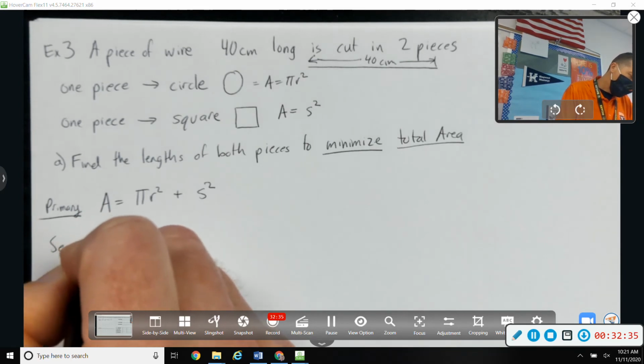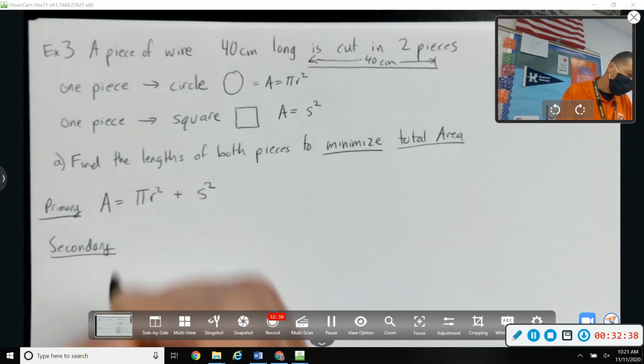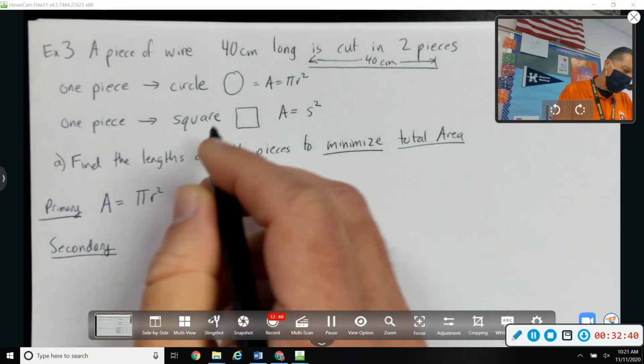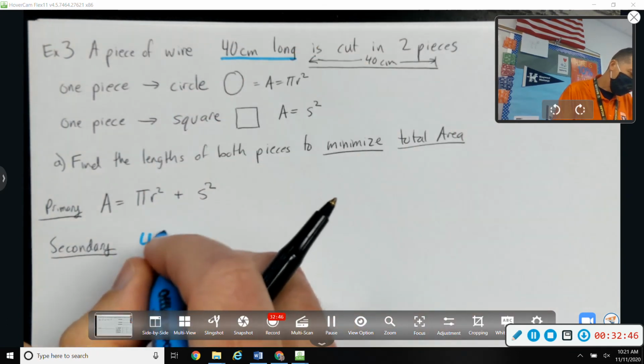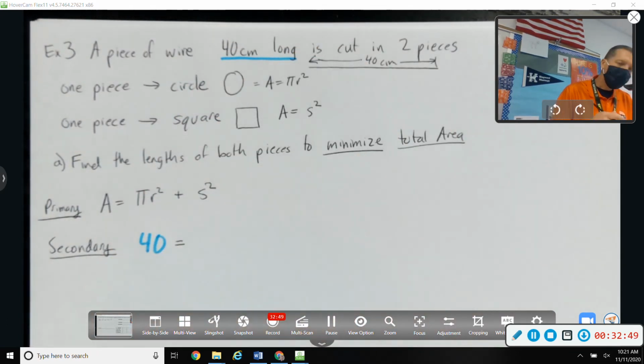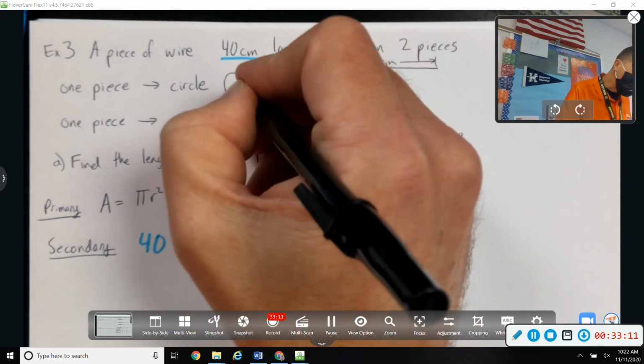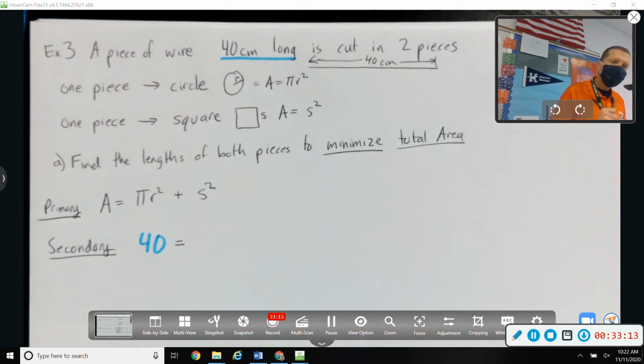So we need a helper equation, a secondary equation. And it would have to do with that 40 centimeters long thing. So 40, you know what's going to add up to 40? Not in terms of formulas, but just in terms of letters. It won't be r plus s because there's r, the circumference and the perimeter.